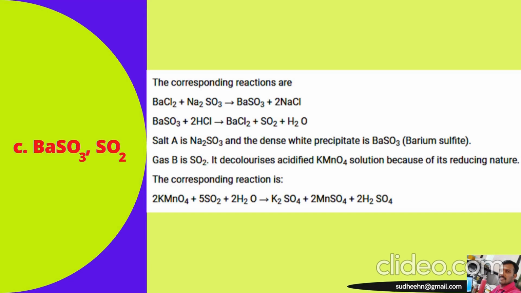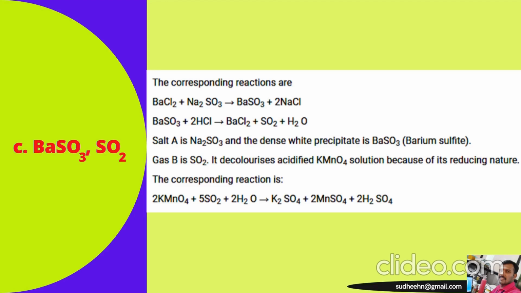And when this barium sulfate again is made to react with hydrochloric acid, it will give barium chloride, sulfur dioxide and water. Salt A is Na2SO4, that is sodium sulfide, and the dense white precipitate is barium sulfide.